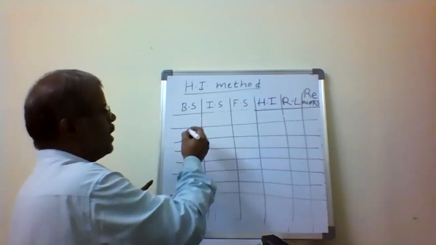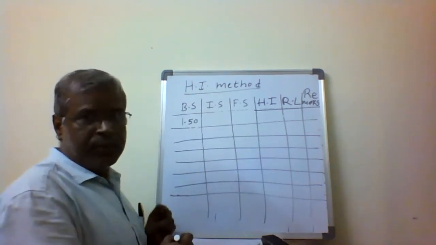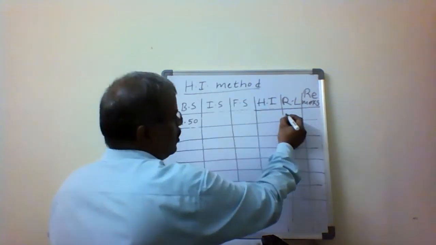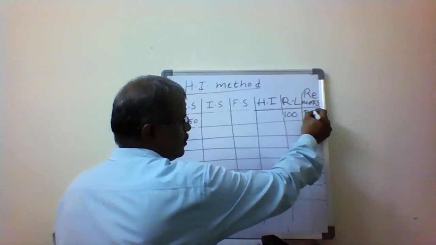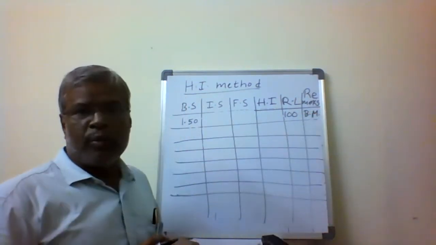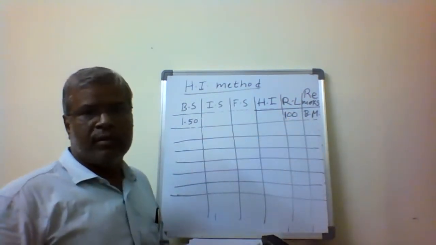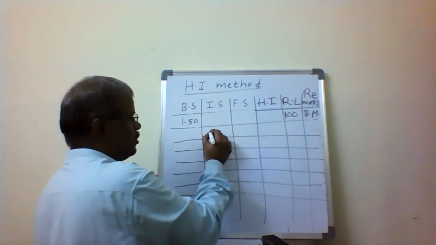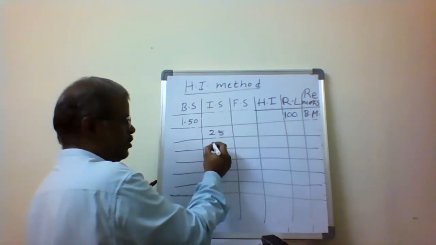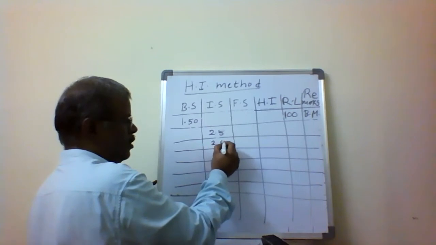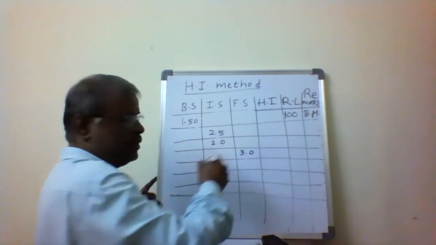I take the backside reading as the first reading, 1.50, and the reduced level is 100. In the remarks column we write benchmark; the reduced level is 100. Now the intermediate side is taken as 2.5, then one more intermediate side 2, then the foresight 3.